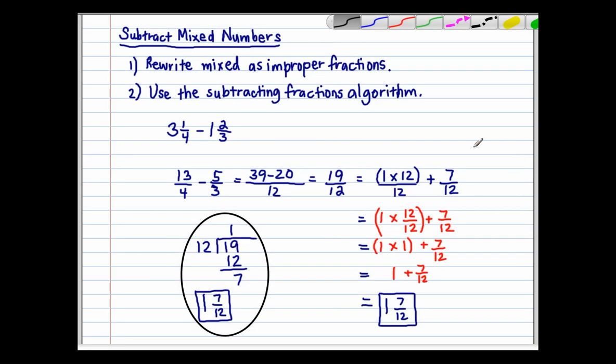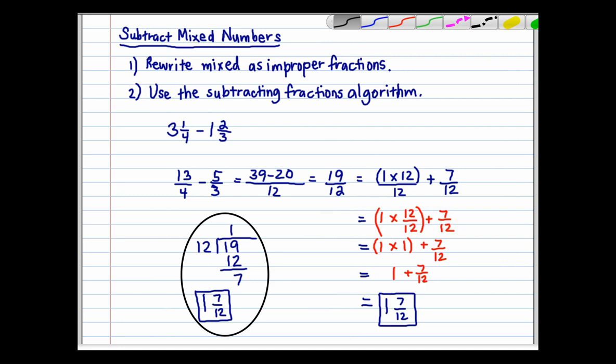Alright, this last one that I'm going to talk to you about has to do with subtracting mixed numbers. Mixed numbers, as we learned previously, are the combination of wholes and parts of wholes.